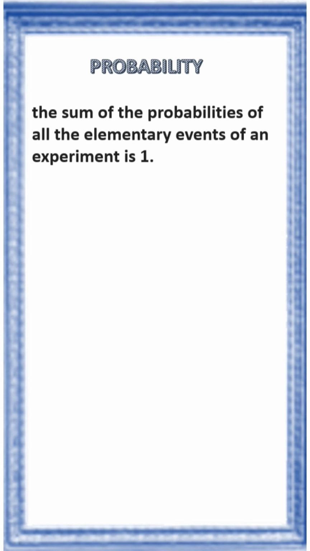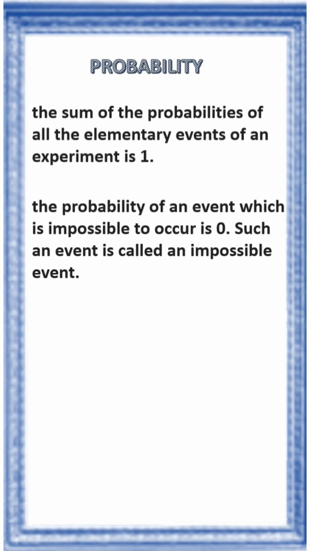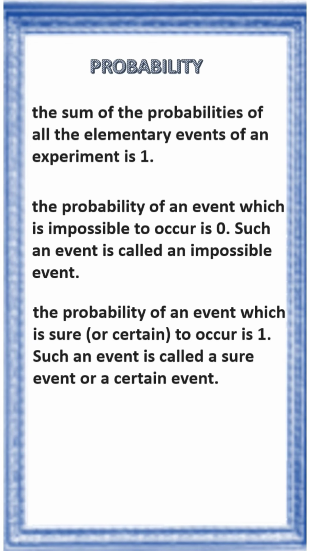Probability. Sum of probabilities of all elementary events of an experiment is 1. The probability of an event which is impossible to occur is 0. Such an event is called an impossible event. The probability of an event which is sure or certain to occur is 1.